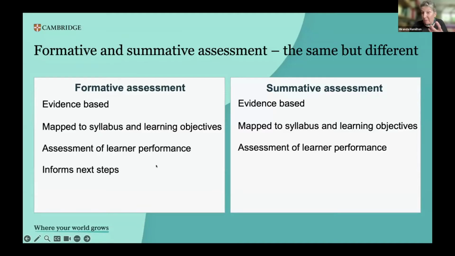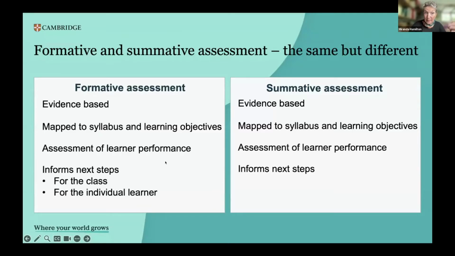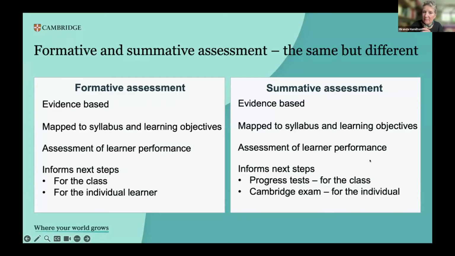Formative assessment will inform our next steps, as does summative assessment. In the formative case, that's for the class or for the individual. So for the class, you can take a look to think, we need to do more work here. For the individual learner, you can think about how you might better be able to support that learner based on the evidence that you've observed and collected. But the same as summative.